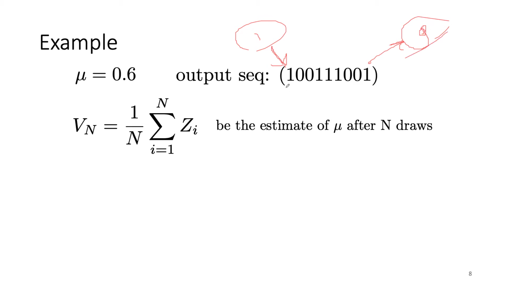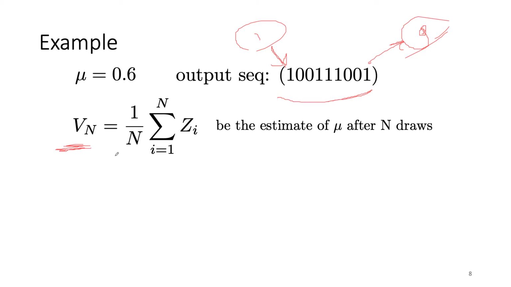Some of them are 0, some of them are 1, right? Now, if we go over these draws as output, we can have an estimate of mu after n draws. We just simply add them up and divide by the number of draws.